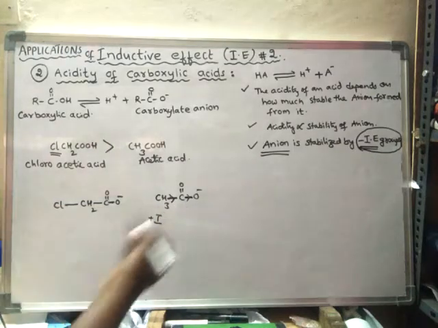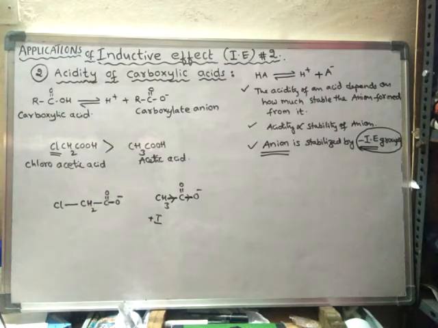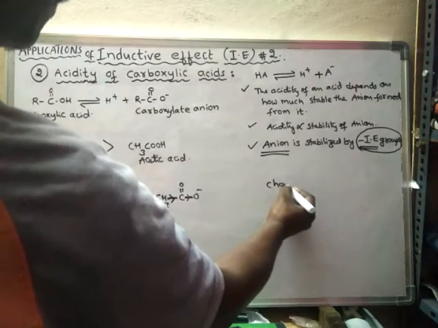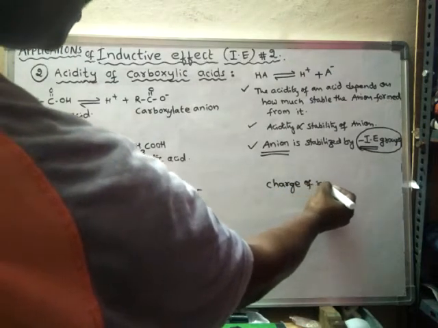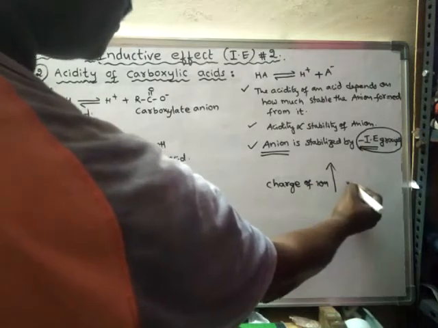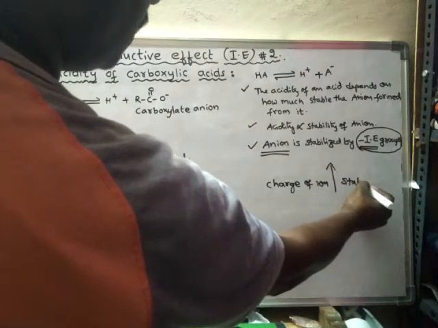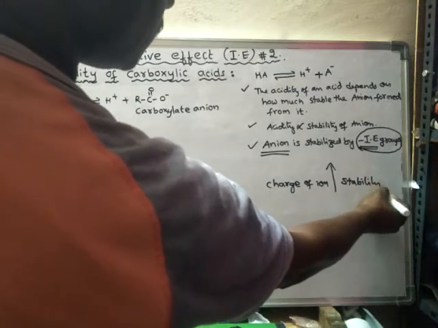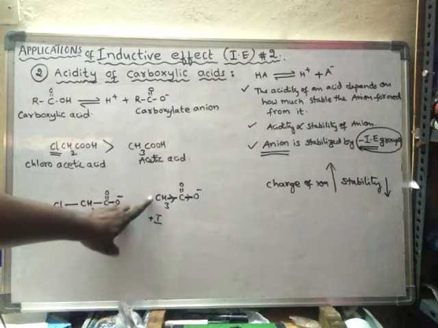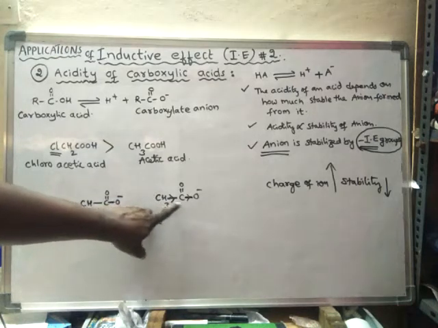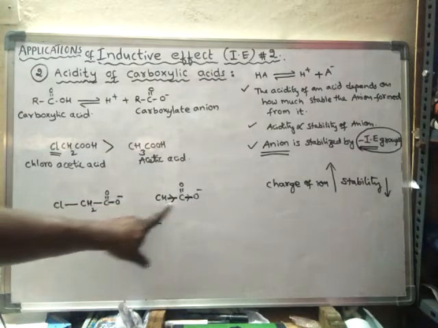Whenever the charge is increased, the stability decreases. So if charge of ion increases, then stability of the ion decreases.